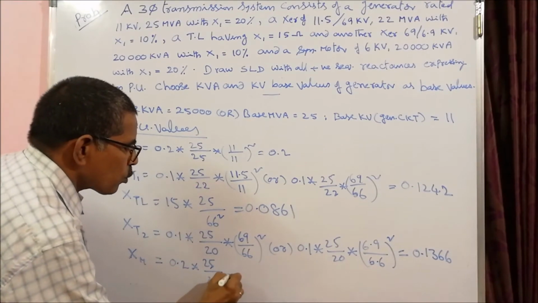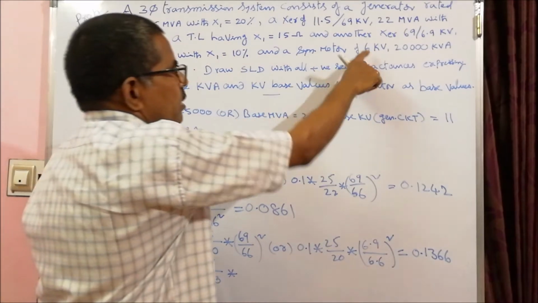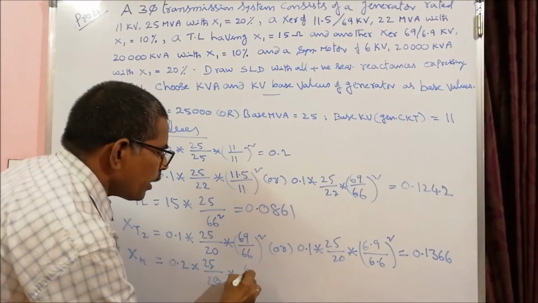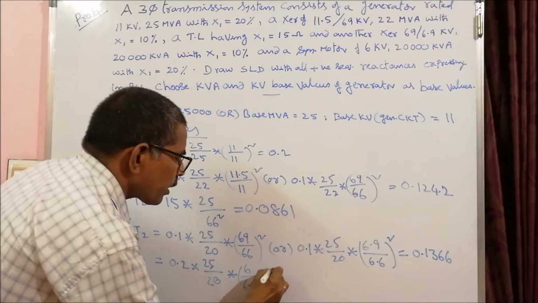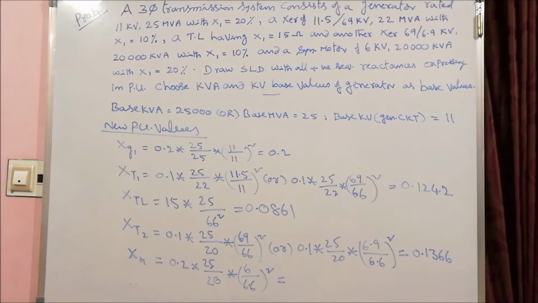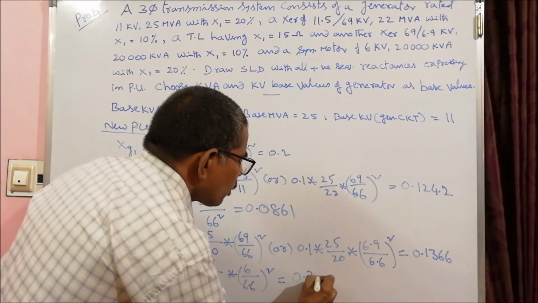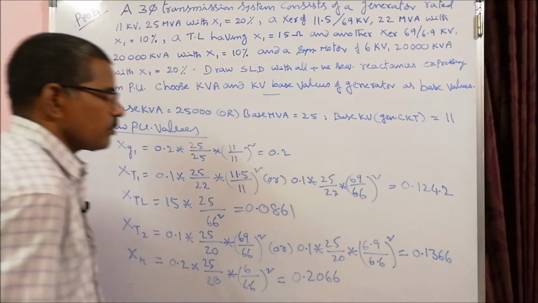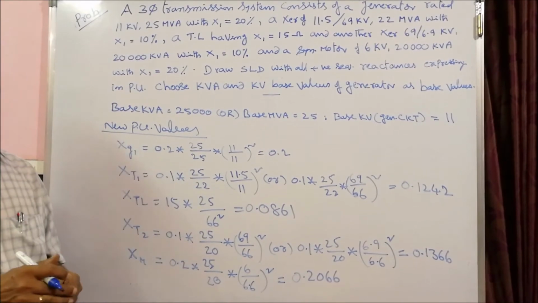So old MVA is 20 into old kV, it is 6.9 divided by new kV on the motor circuit, 6.6 squared. That gives 0.2066. So that's all. All elements' new per unit values are obtained.